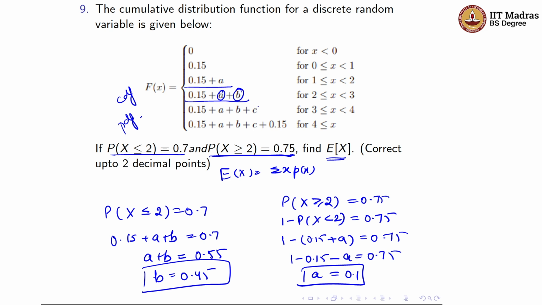We have the value of a and the value of b. We need to know the value of c here. We know that the last CDF, F4, is equal to 1.